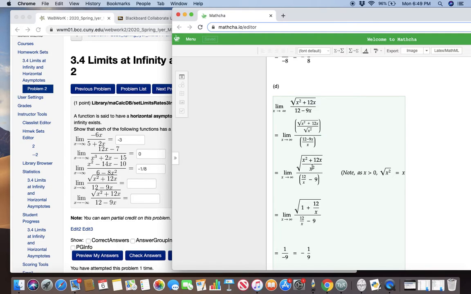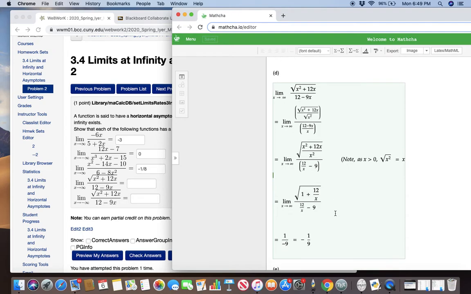I can distribute the division. The denominator also I can distribute the division. So what do I get? Denominator: 12 over x, and 9x over x gives me a 9. Whereas numerator, x squared divided by x squared gets me a 1. In 12x over x squared, one of the x's goes away, but then I have another x in the bottom.